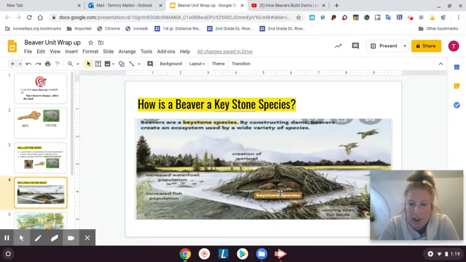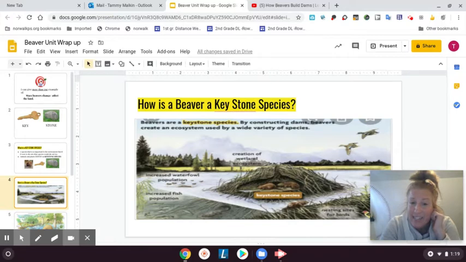These are the beavers in their lodge, but when beavers build their dams, the water pools up into a pond, and they need this pond in order to survive. It creates wetlands. It creates lots of fish. And who eats fish but birds? So birds come from all over the place to eat the fish that have accumulated inside this pool.